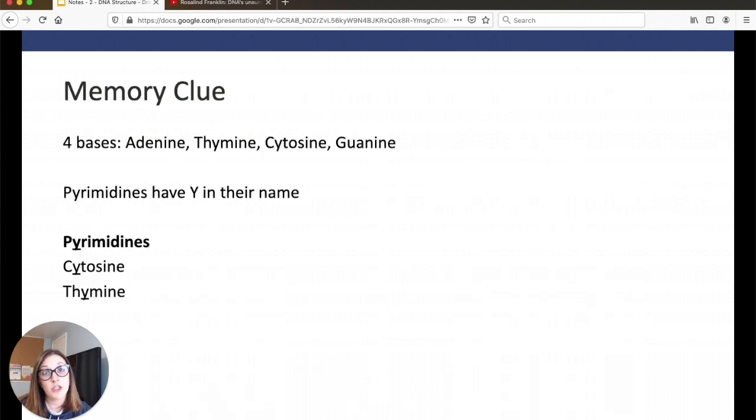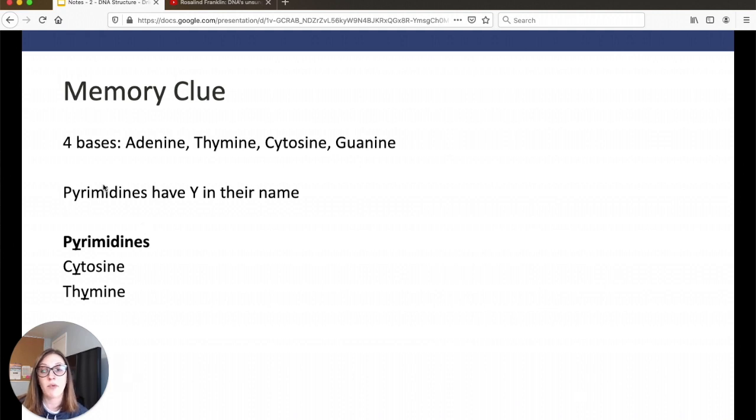To remember which are which, I have a memory clue for you. If you think about all of the names of the 4 nitrogen bases, the pyrimidines have a Y in their name. So pyrimidines are cytosine and thymine. Therefore, guanine and adenine would be the other type.